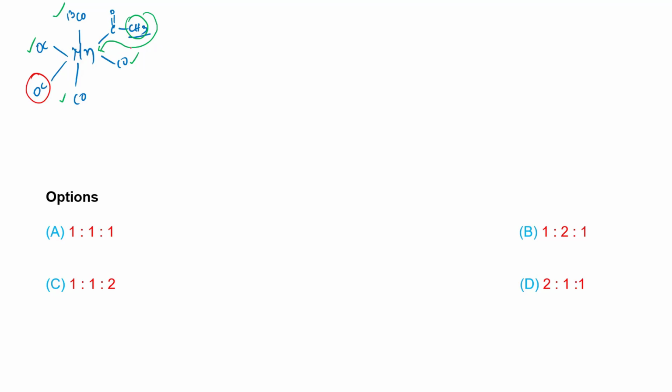Now, if this axial CO that has the 13C incorporated is eliminated, what will happen? So this is our compound X. Again, think that this other axial CO is eliminated.